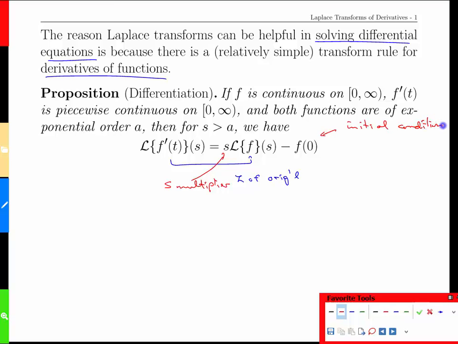If you think of the information we're typically provided in a differential equation, we're often given the starting value for our function, and that plays a role in this part of the transform. So this is the rule for transforming a single derivative of an unknown function f.